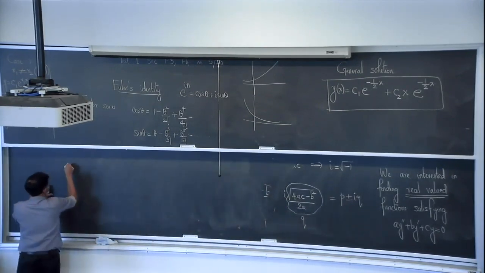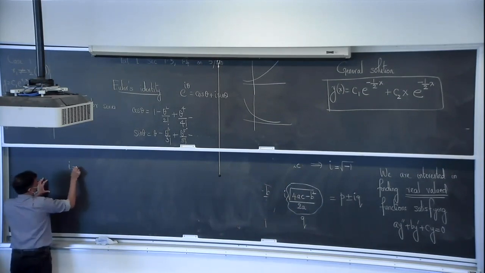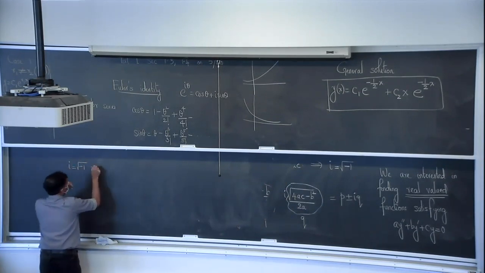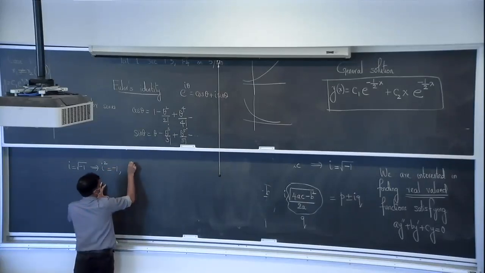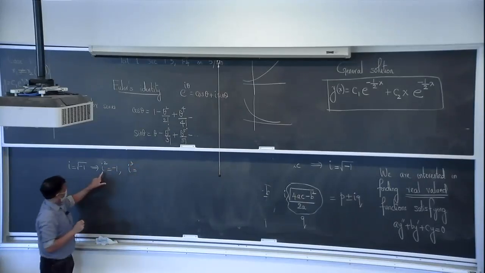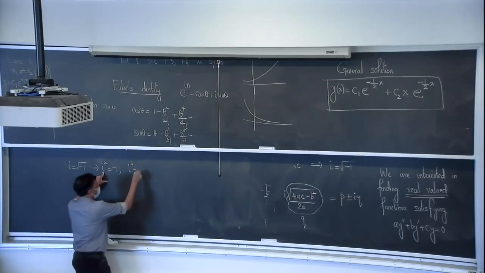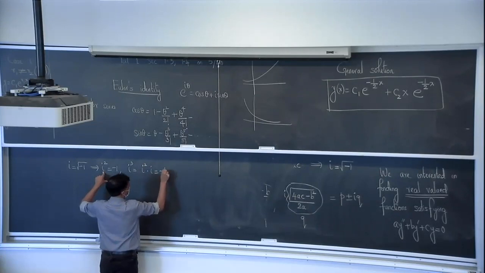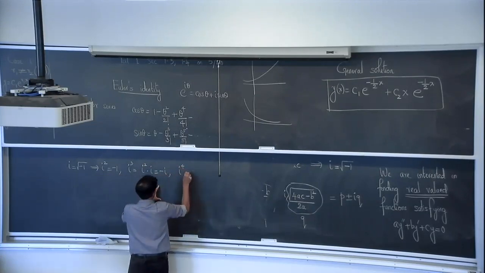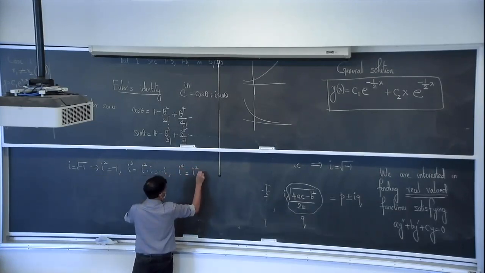And the magical thing about i is that i is the square root of -1. So i squared is -1. i to the power of 3 is i squared times i, which is negative i. i to the power of 4 is i squared times i squared, which is +1, and so on.